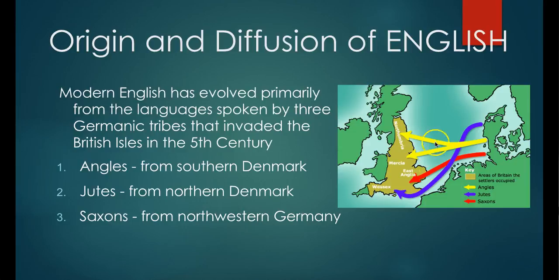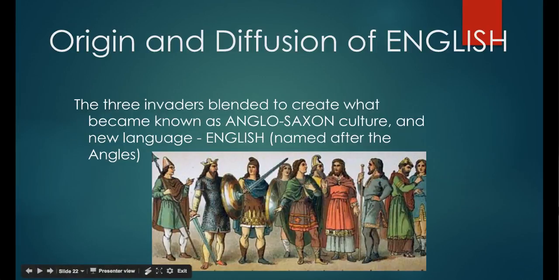So they're going to simply combine with the people that are already there, and it's going to slowly blend together to create a little more modern day English, or something closer to what we're used to. So when these three invaders blended, it eventually became known as the Anglo-Saxon culture, and that culture and that blend of languages then becomes English.